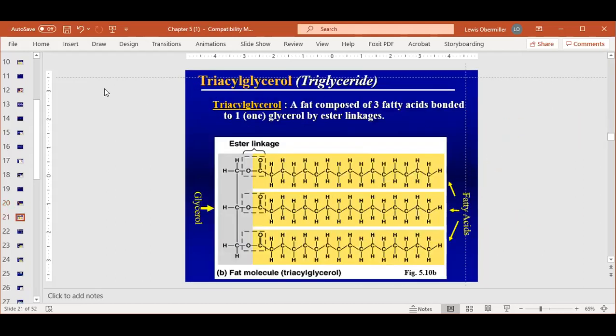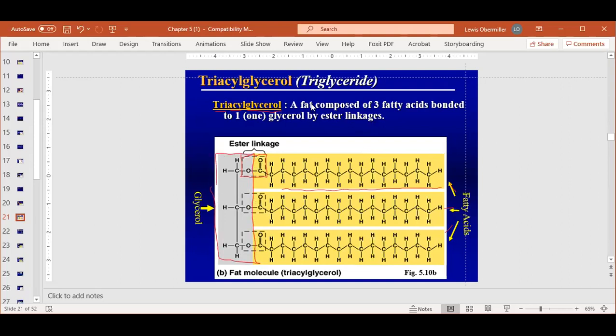All right, so this is the ester linkage, which is more clear. And then here are the hydrocarbon chains of the fatty acids, which are here. So tri, 3, acyl has to do with this acyl region, and then the glycerol is this molecule here that they're linked to.